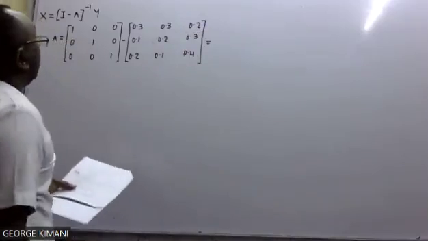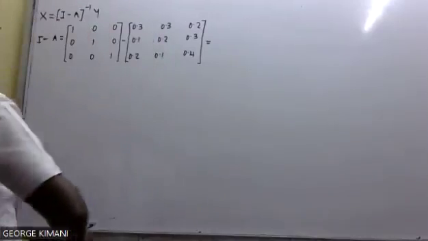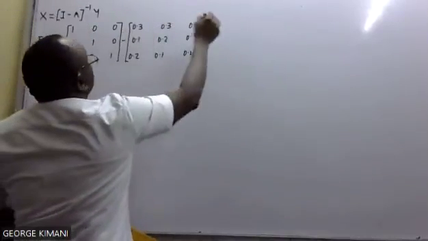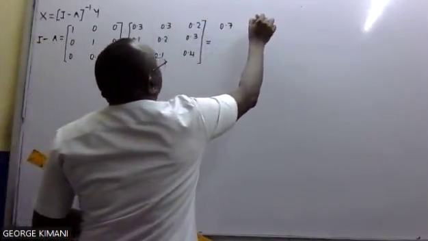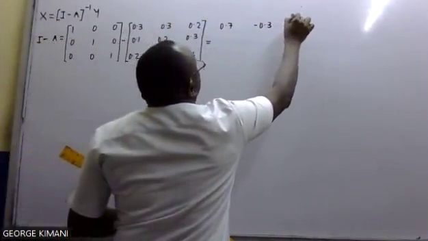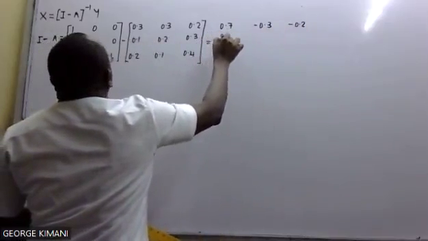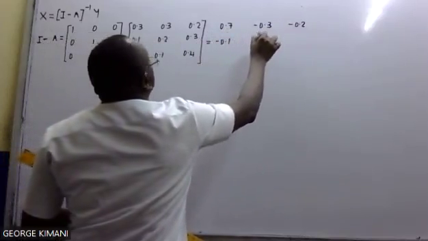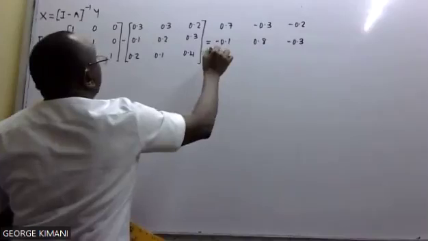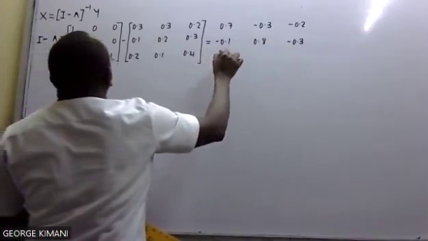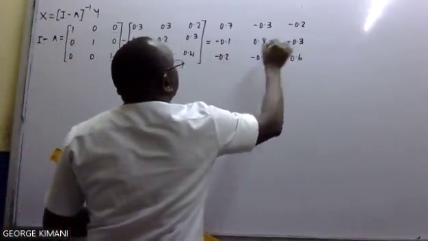So when we subtract, we are going to get 0.7, minus 0.3, minus 0.2, minus 0.1, 0.8, minus 0.3, minus 0.2, minus 0.1, and 0.6.